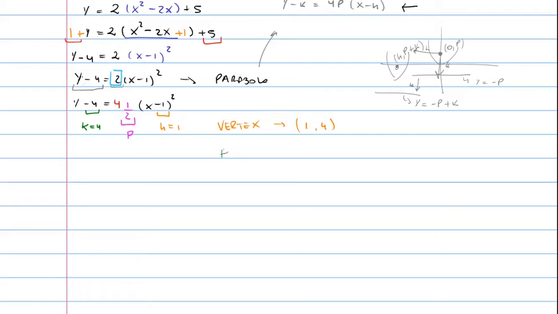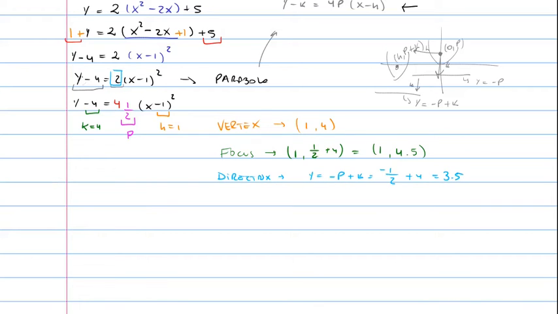So the focus points are in h, which is 1, and p plus k, that is 1/2 plus 4. So it's the point 1, 4.5. And the directrix is in y equals to minus p plus k. So it is minus 1/2 plus 4, which is 3.5.